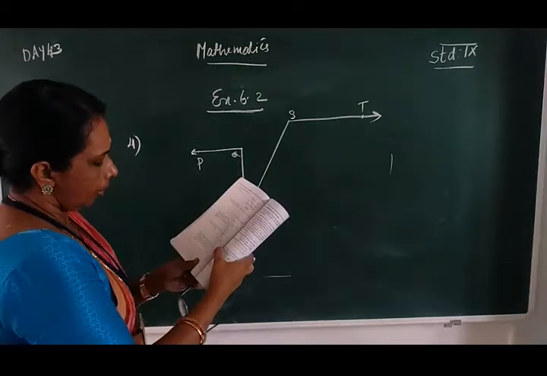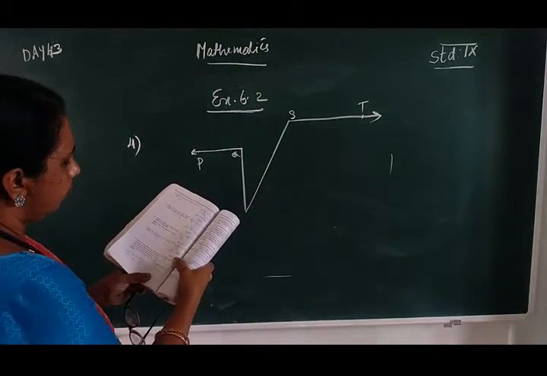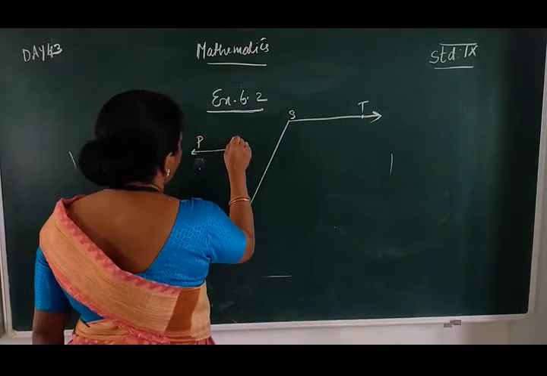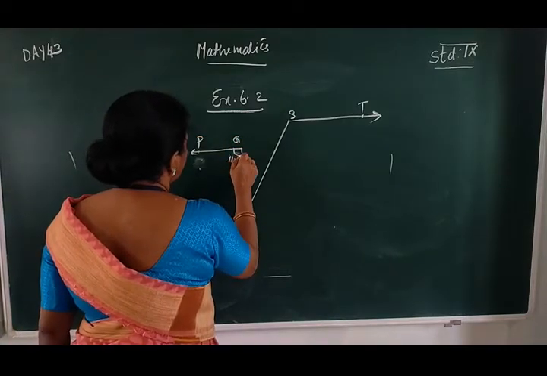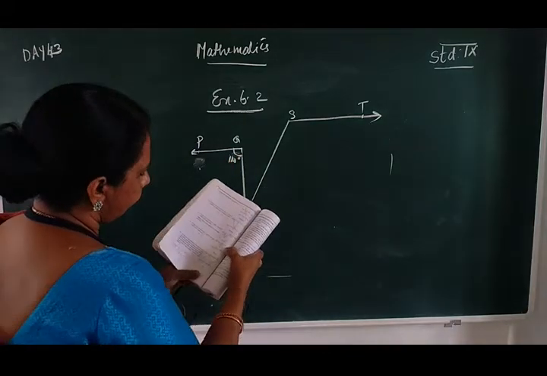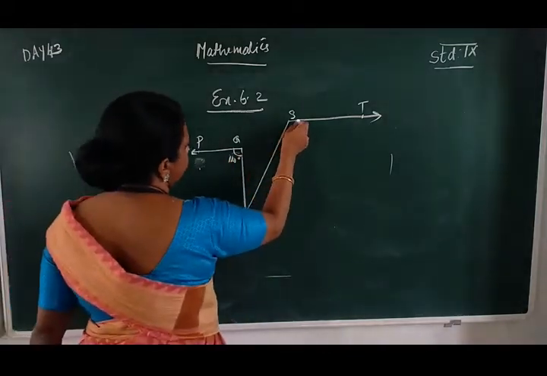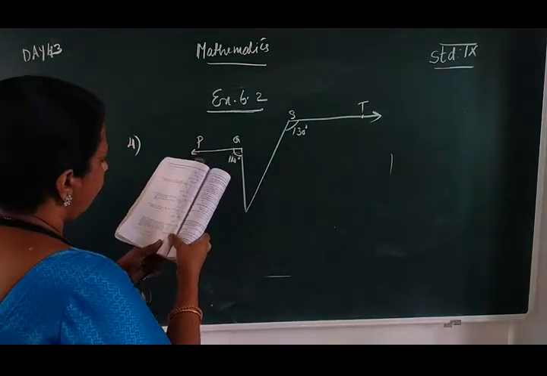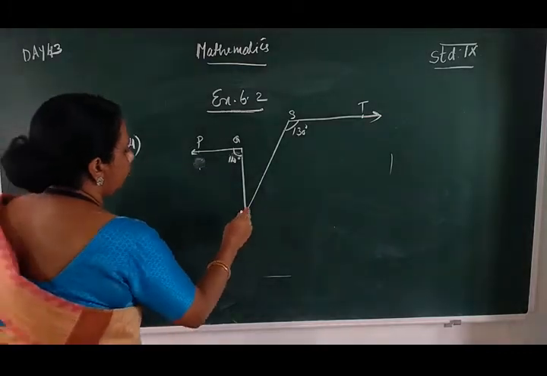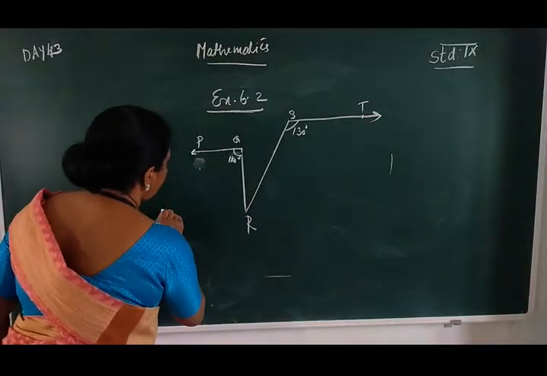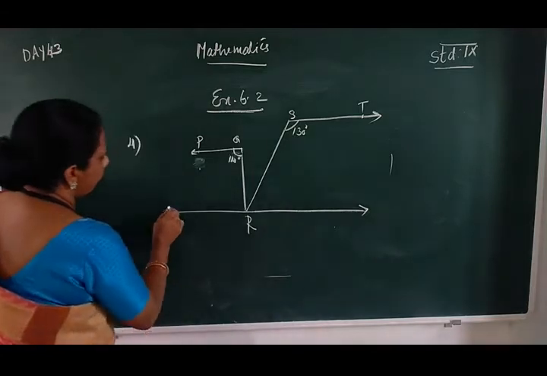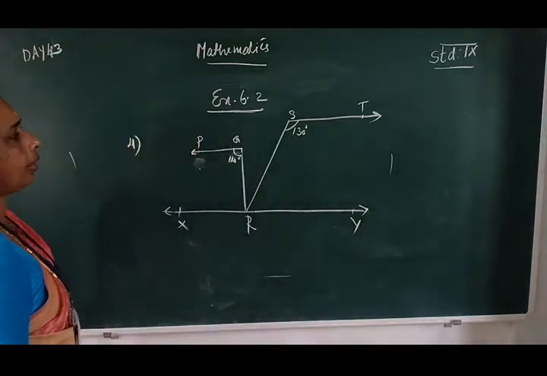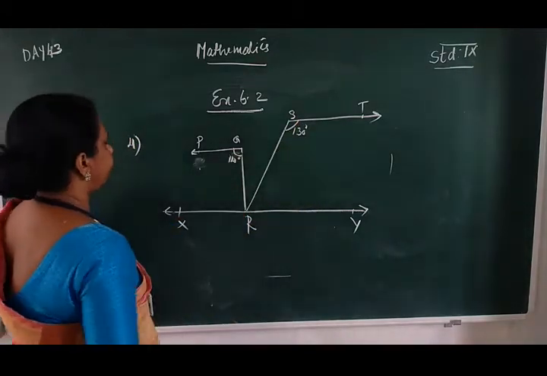This angle is equal to 110 degrees. This angle is equal to 130 degrees. And this point is R. Through R, draw the line XY parallel to ST.